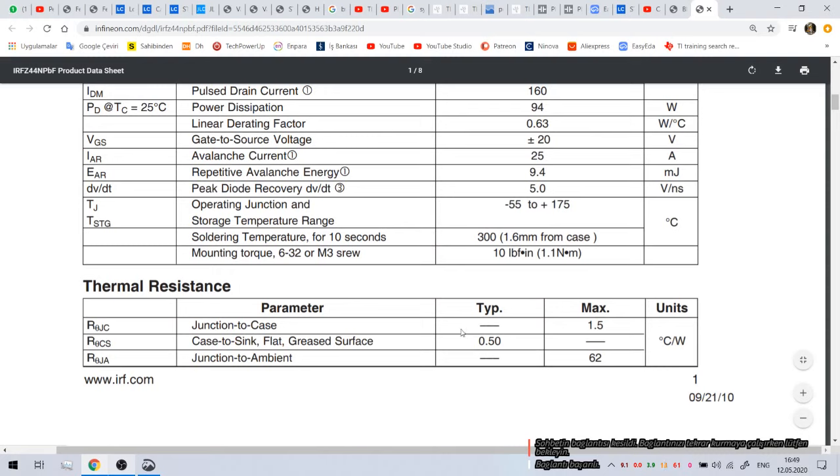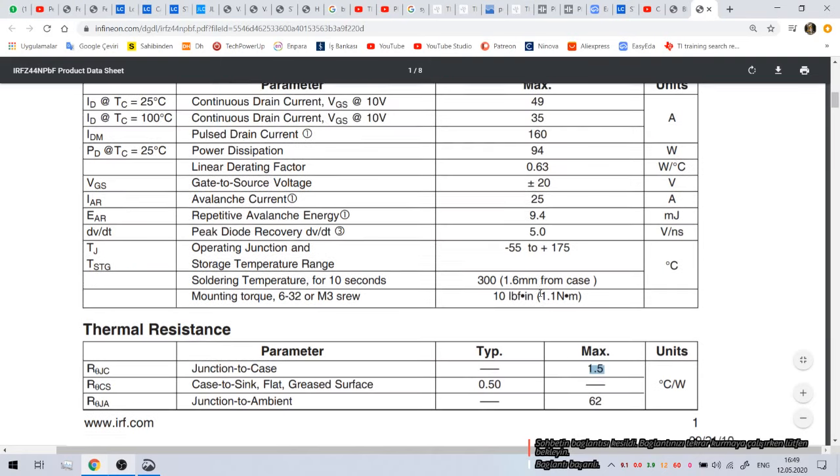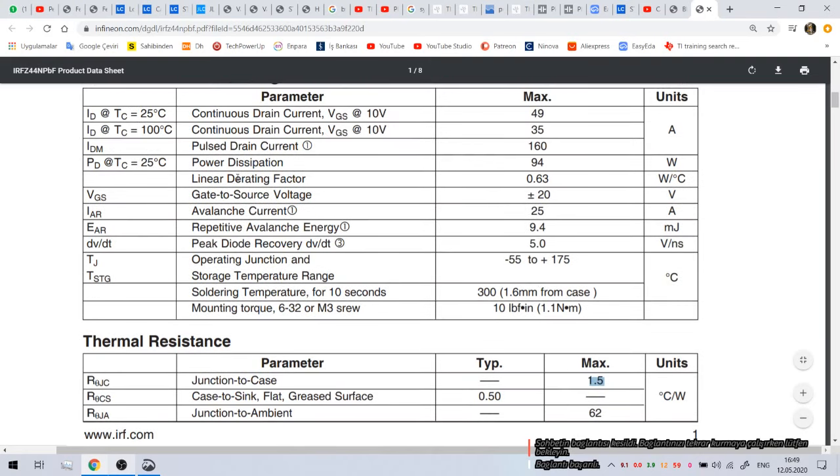As you can see, junction to case thermal resistance is 1.5 centigrade degree per watt, and it states 94 watt maximum power dissipation.